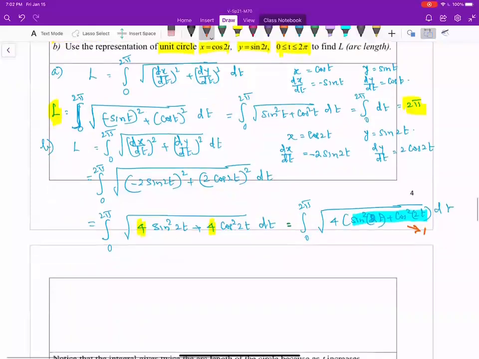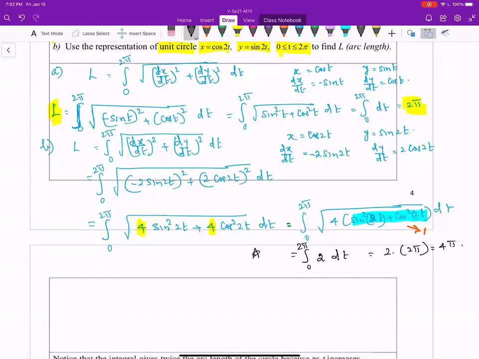So it is just the square root of 4, the integral 0 through 2 pi. The square root of 4 is 2, so 2 dt. The 2 can be taken out. The integral of 1 is t, that is upper limit minus lower limit. It's 2 pi minus 0, which gives 4 pi.